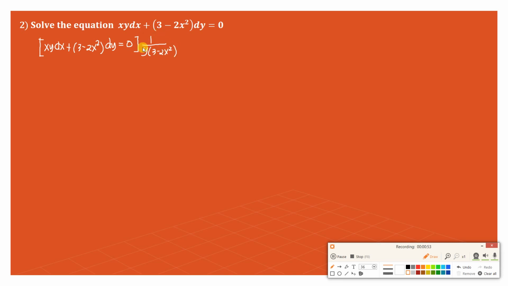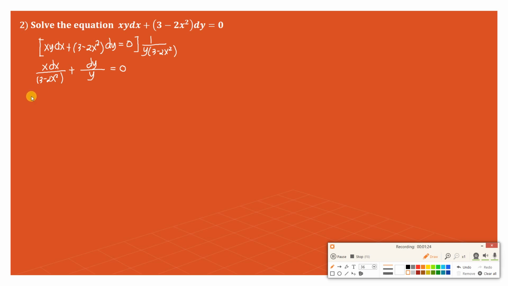Now, multiplying the LCD to the first term, matitira si x dx, cancel si y, tapos sa denominator, meron pa rin 3 minus 2x squared. Okay, plus, second term, tanggal si 3 minus 2x squared, matitira si dy sa numerator over y equals to 0. Okay, next, we can now integrate both sides.